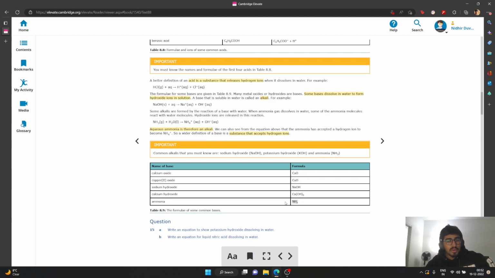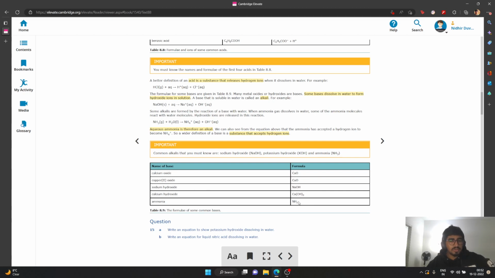Now, if you think about it, which of them, when dissolved in water, will give you hydroxide, which is OH minus, as an output? It looks like these two will not even be able to give OH minus because they don't have an OH minus to give. But these two can give, which is true. But what about this one, which does not even have an O?